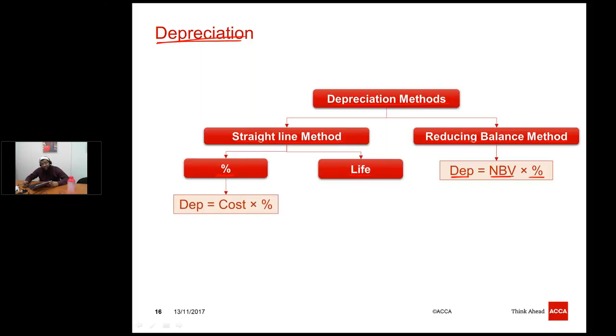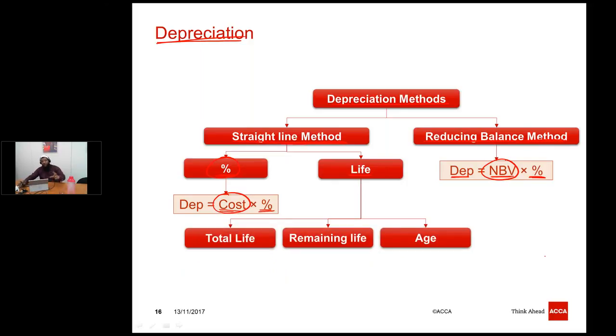If the question has given you the percentage, depreciation is cost into the percentage. So you have to check the percentage either relates to straight line or to the reducing balance. If it is reducing balance, net book value into percentage. If it is straight line, cost into percentage. So do check the depreciation method before applying it.